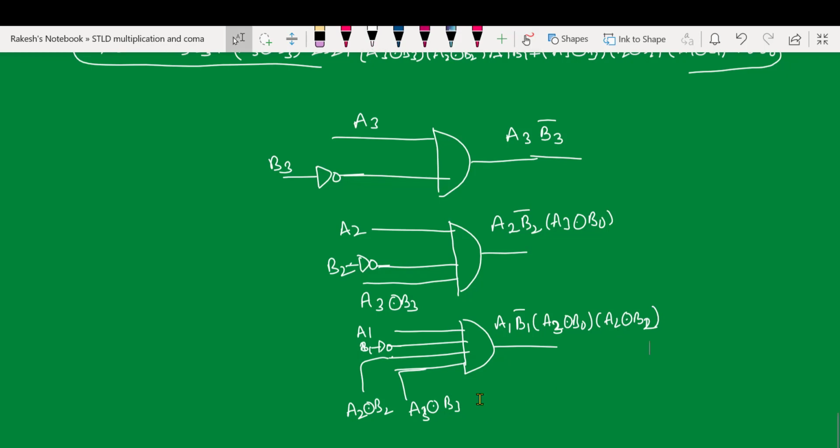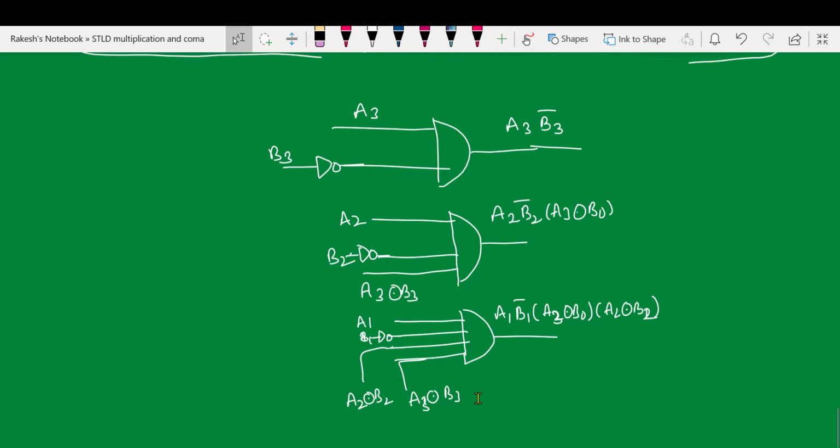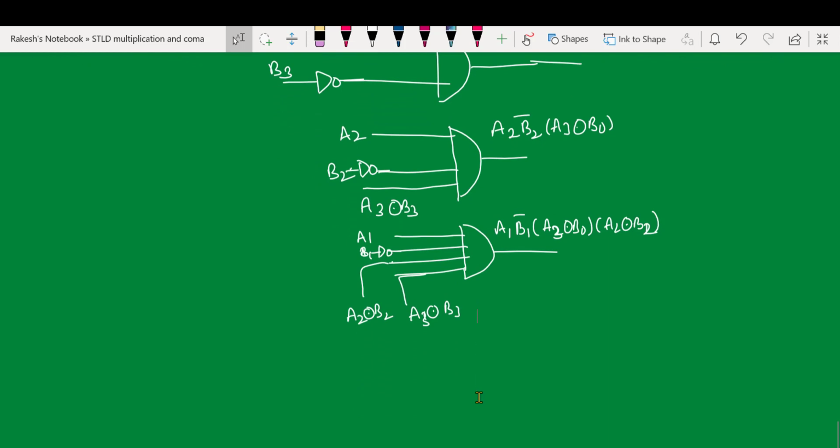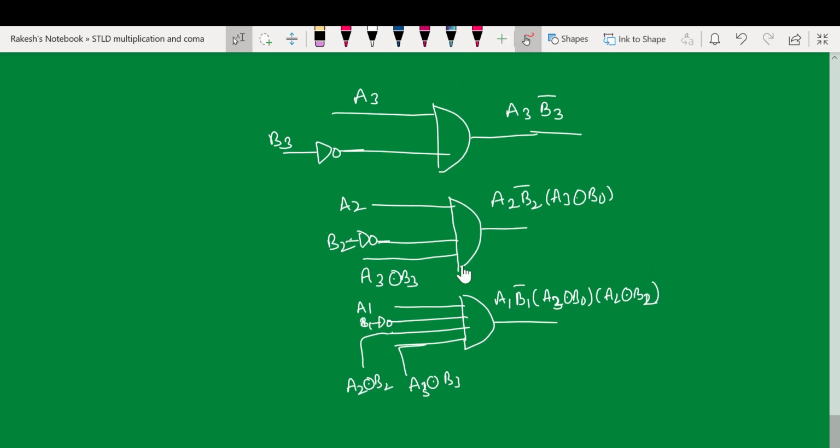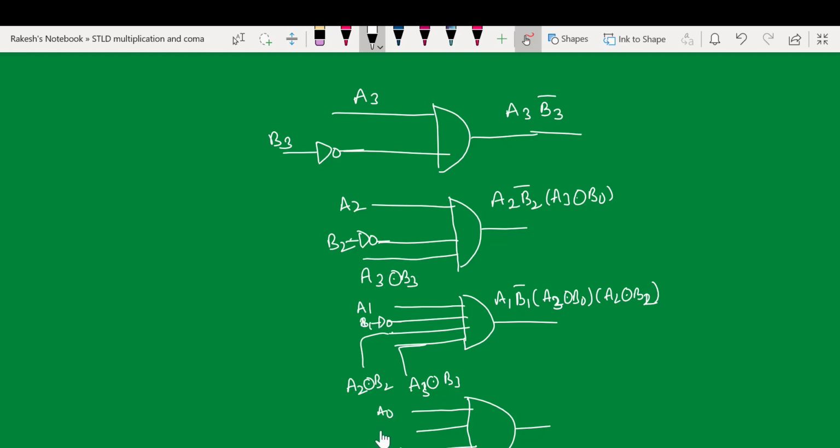And similarly I am going to construct one more AND gate. So this will be last AND gate. For this I am going to have two inputs and three XNOR gate outputs. This is A3 XNOR B3, then A2 XNOR B2, then A1 XNOR B1, and here it will be A0 and B0.